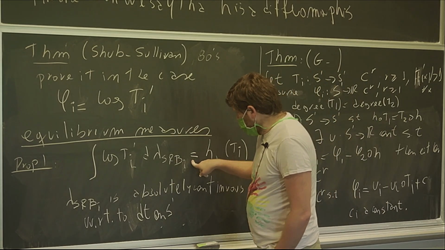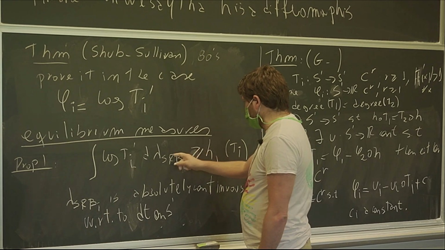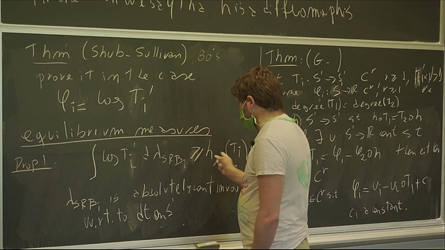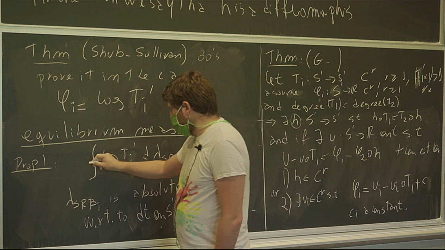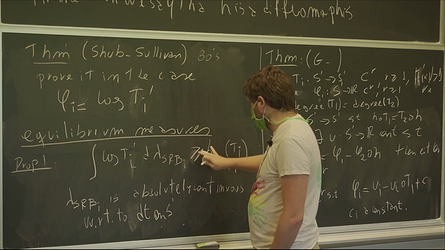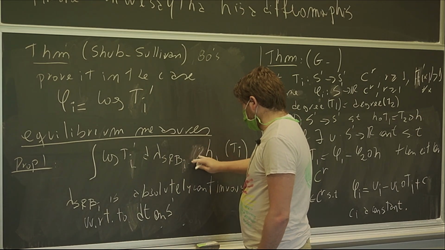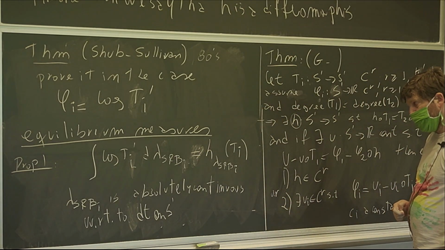And not only this is true, but this is actually a maximizing, or minimizing, depending on how you think, left or right. So anyway, you always have this inequality, and the only measure where you have equality is this lambda SRB.